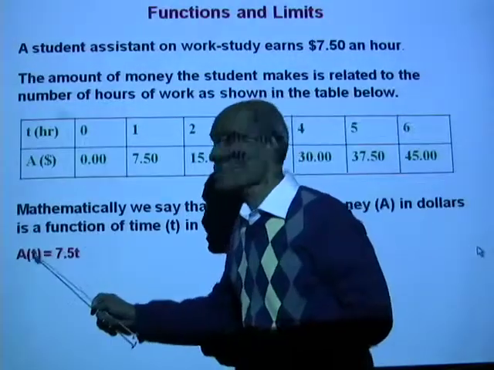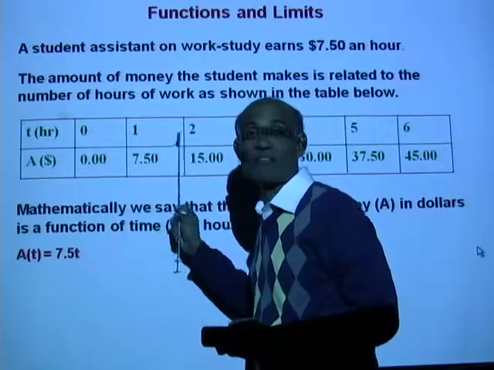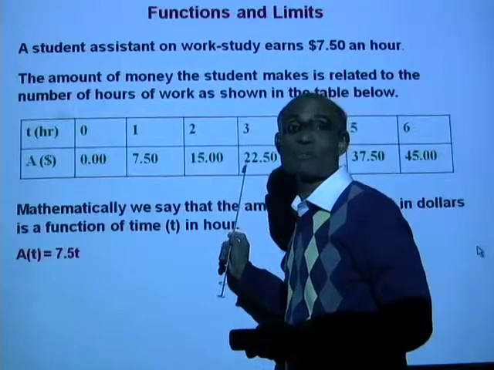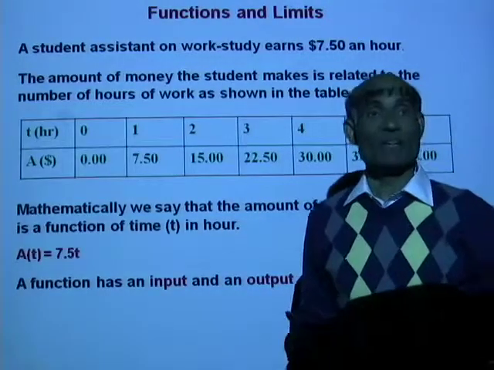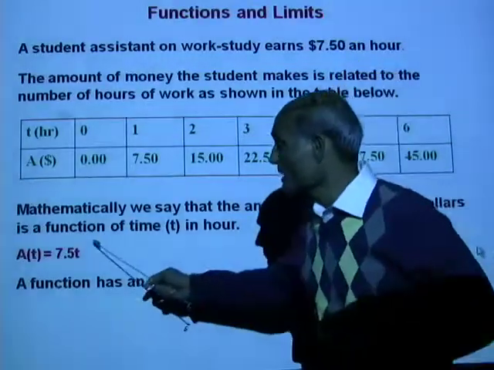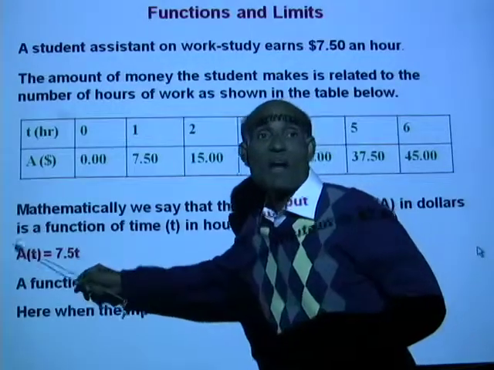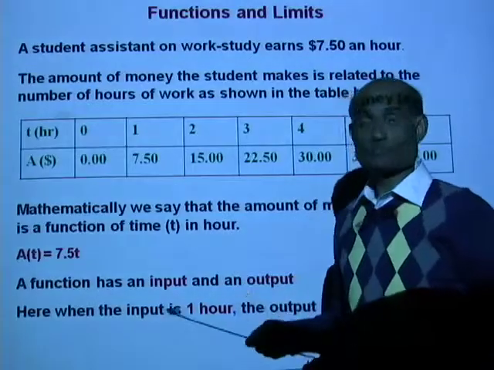Now you understand this concept. A(1) equals 7.5, A(2) equals 15, A(3) equals 22.5, and so on. Now a function has an input and an output. In this case, the input is the time in hours and the output is the amount of dollars.